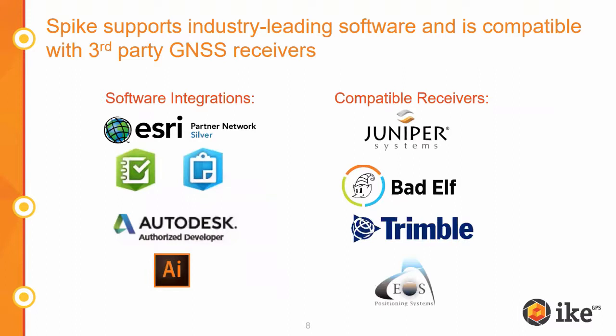So one of the things we've done is make sure that Spike works with third-party GPS to improve the positional accuracy of where the Spike is. We've worked with the ones on screen here: Bad Elf, Trimble R1, R2, Juniper Geode, EOS Arrow, those types of things. Those are all ones that our users have used and said, thumbs up, this works pretty good, we like it.